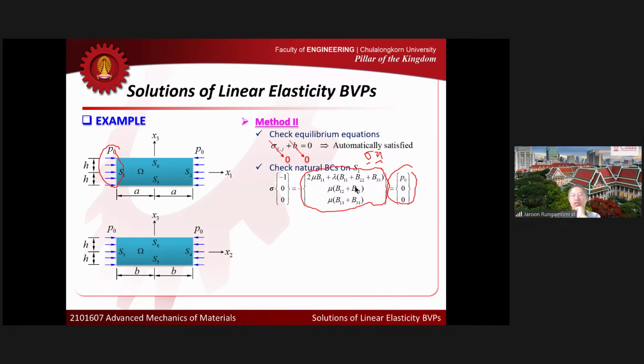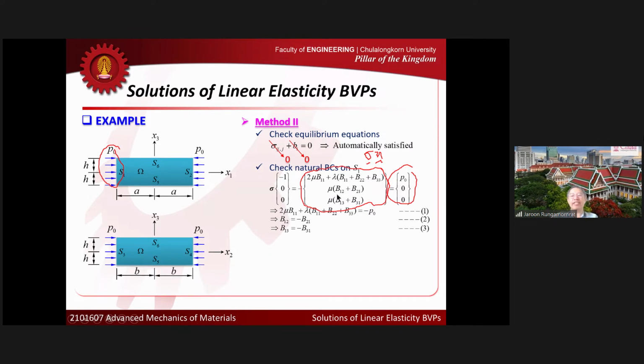And the whole thing here should be 0. This component as well. So this ends up with 3 conditions here. Is that clear to you? The first condition we simply obtain from the first component, so that one has to be equal to P0.